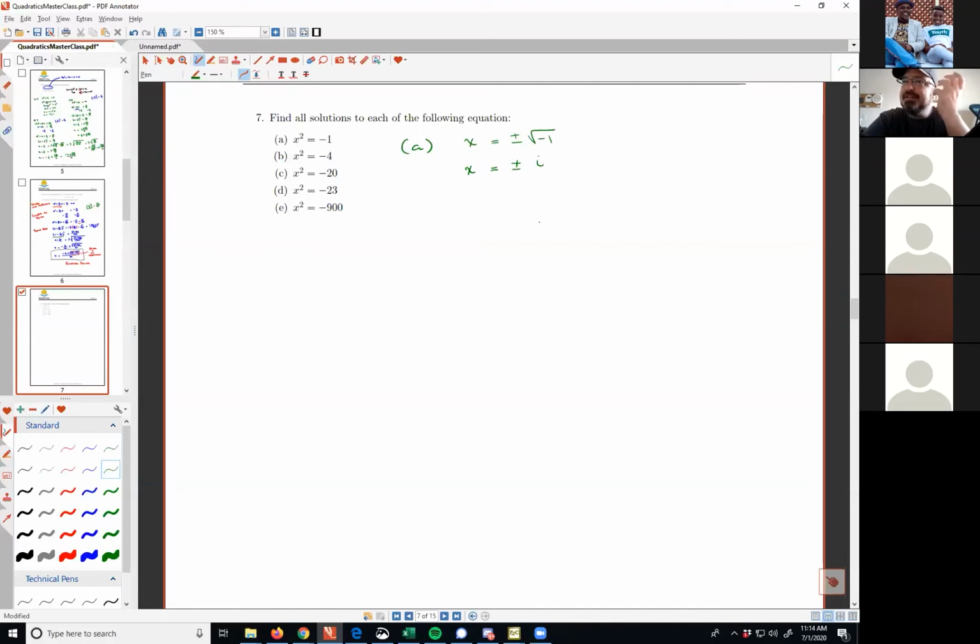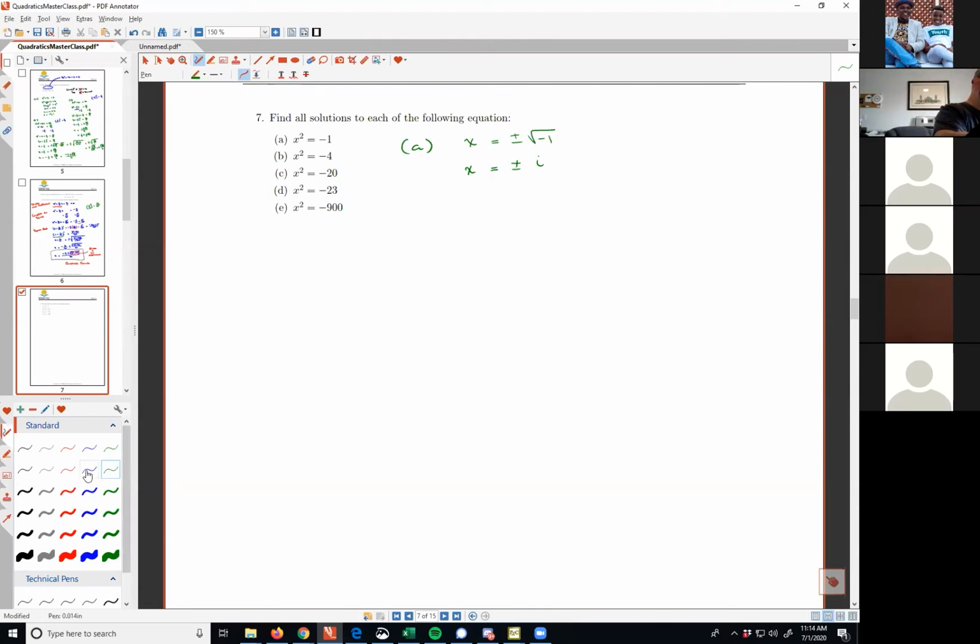But this number, it's a thing. It exists, but we call it an imaginary number. We give it the name i for imaginary. And we're going to see i a lot moving forward. So this is a new type of number. It is not on the real number line. It's somewhere else. But we're going to learn how to use it.